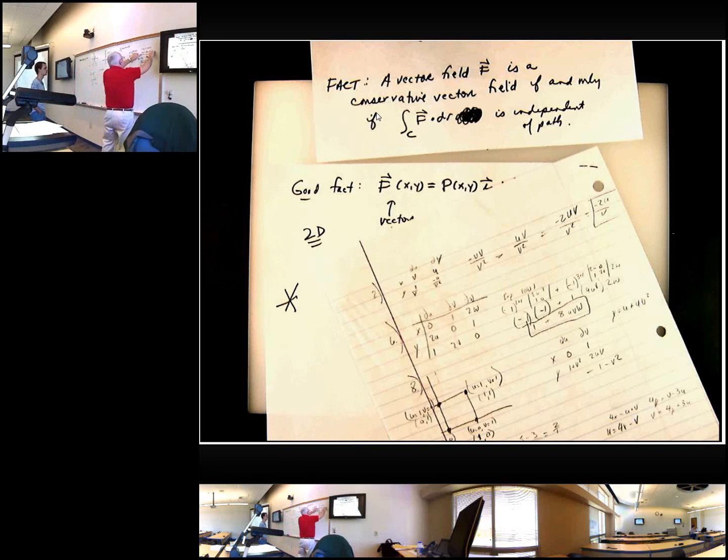Let's multiply by 3. So we get 3u plus 3v equals 12x, and 4y equals minus 3u plus v. So we have 4v equals 12x plus 4y, so v is equal to 3x plus y.